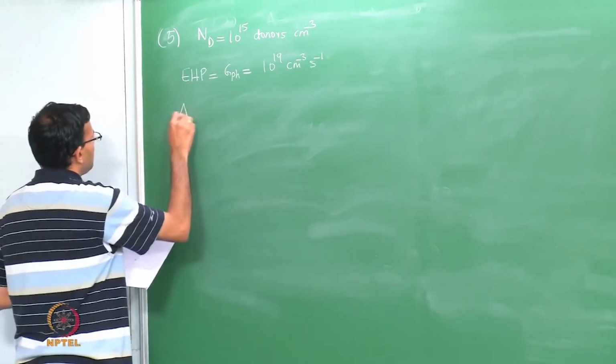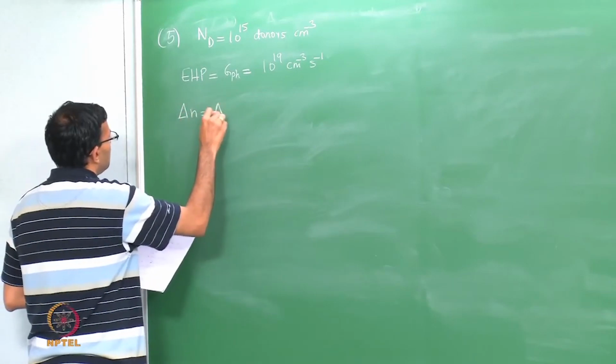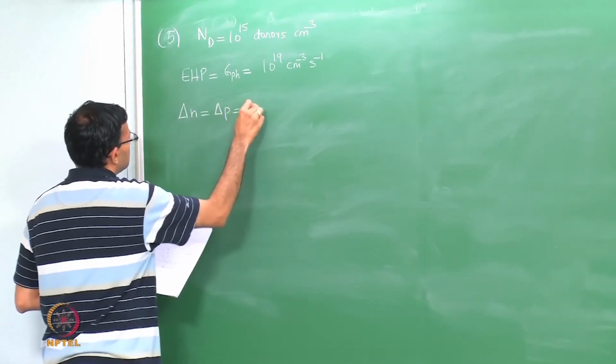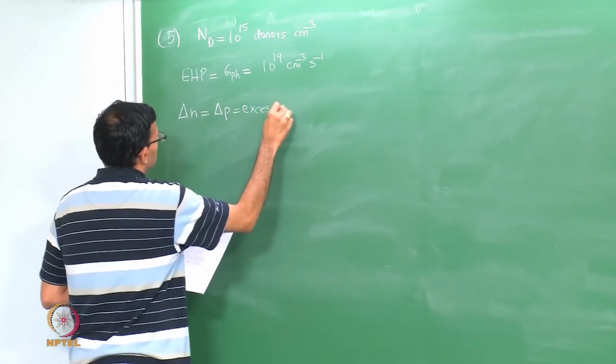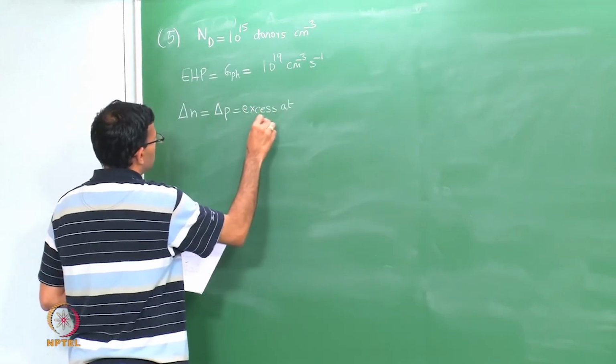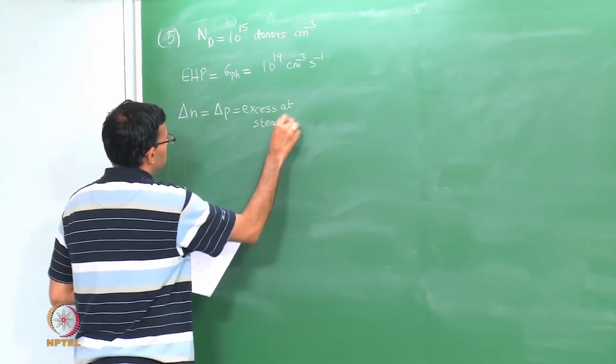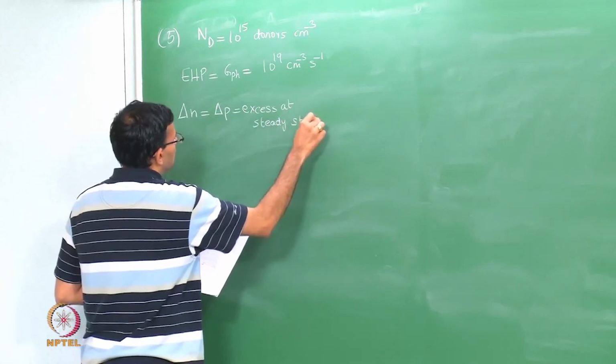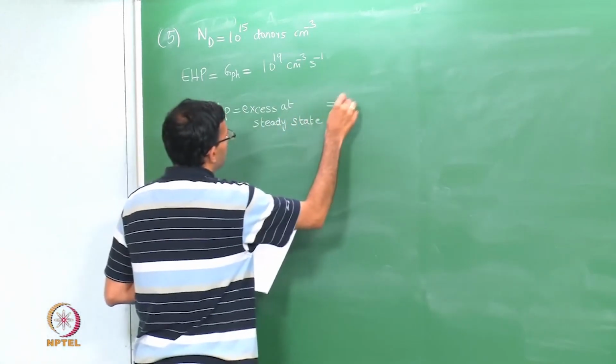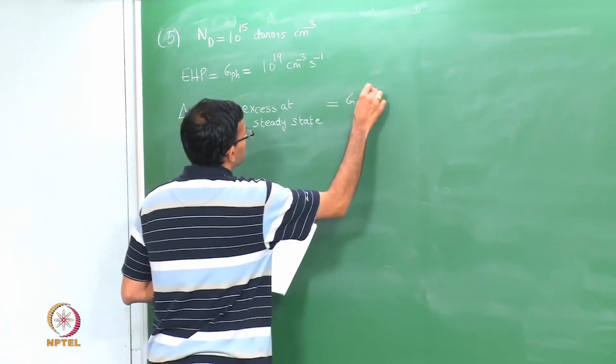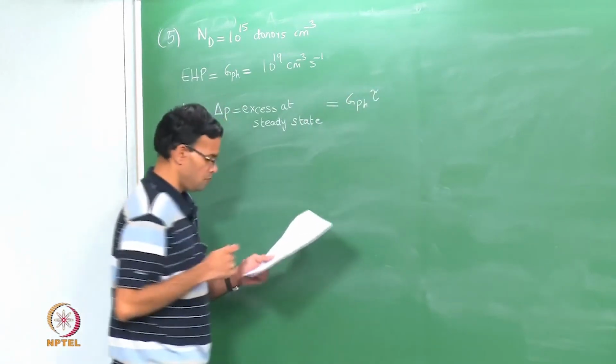So, we need to calculate the excess carriers at steady state. This we have seen before, is nothing but Gph times tau.